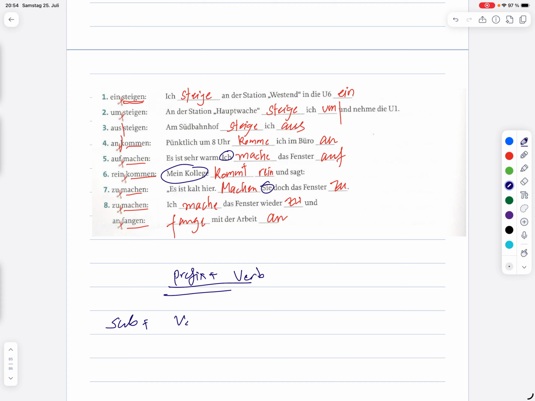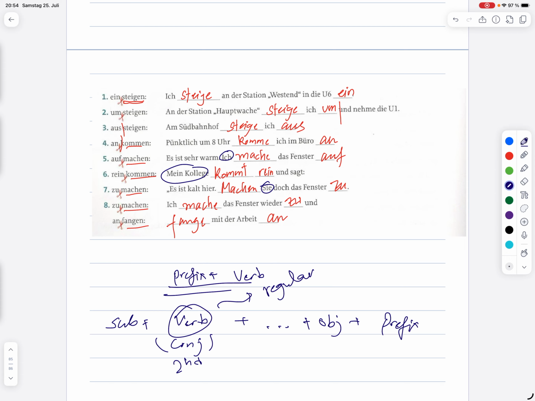Subject plus verb. You conjugate the verb, and it will always be in the second position, then the object, and then you have the prefix here. So that's how you make the sentences with the Trennbare verbs. And whatever is the main verb, it could be a regular verb, regelmäßig, or an irregular verb, unregelmäßig, then you have to conjugate them accordingly and follow the rule.